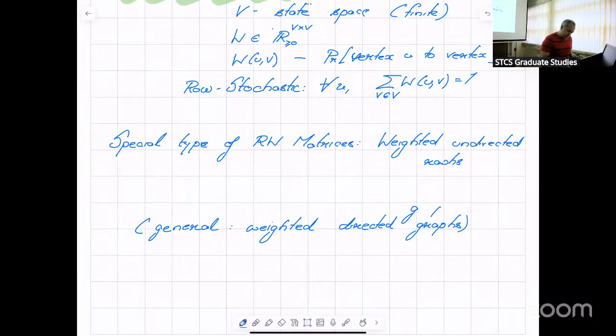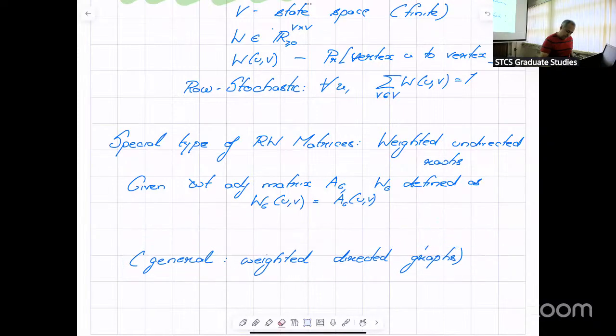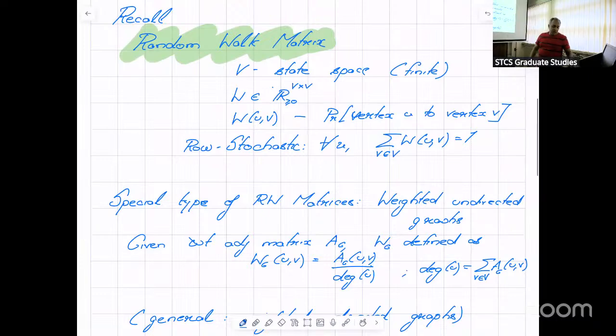In this case, given the weighted adjacency matrix A_G, the walk matrix W_G is defined as W_G(U,V) equals A_G(U,V) divided by the degree of U. And the degree of U itself is the sum of the weights incident on U. So that's the special case of weighted undirected graphs. That's one kind of random walk matrix, but more generally, it's weighted directed graphs.